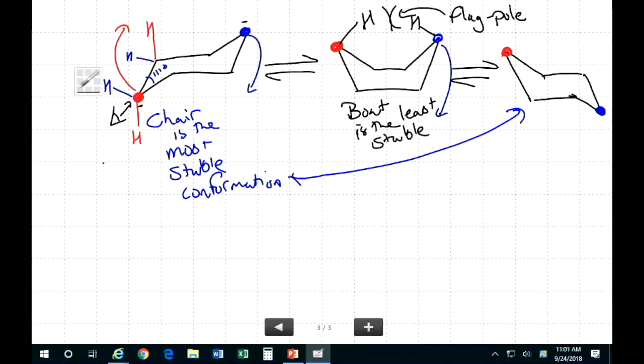So we have this flagpole interaction where the groups on either end that are up are close enough that they can bang into each other and interact. So this is a destabilizing interaction.